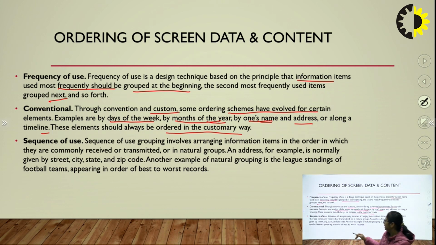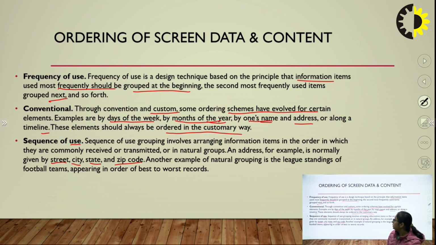Next is sequence of use. Suppose you have to find an address. Firstly you put the street name, then city name, then state name, and then zip code. Based on that format, that sequence, you find any address.